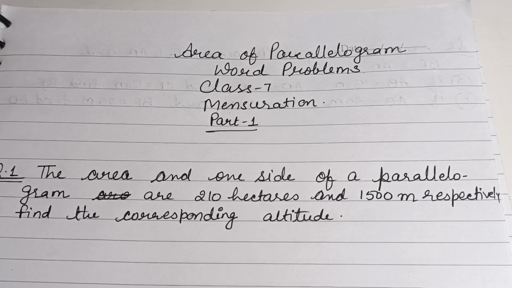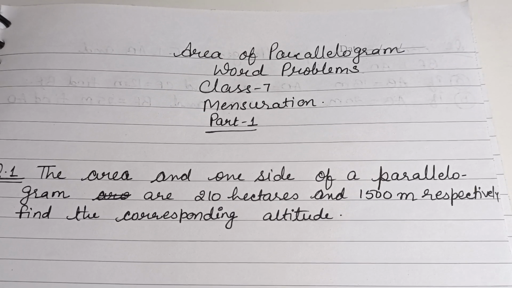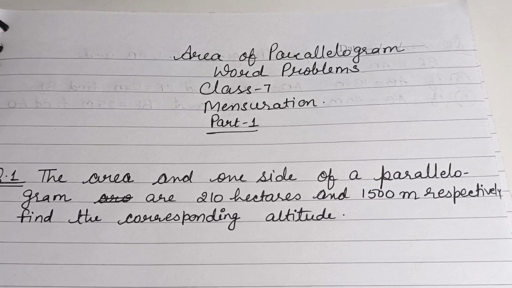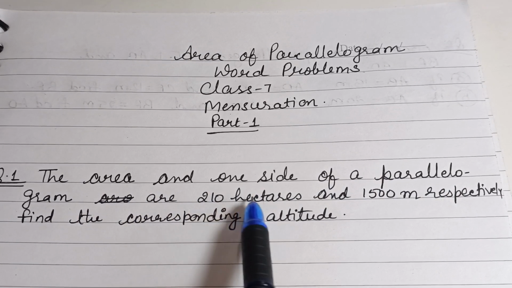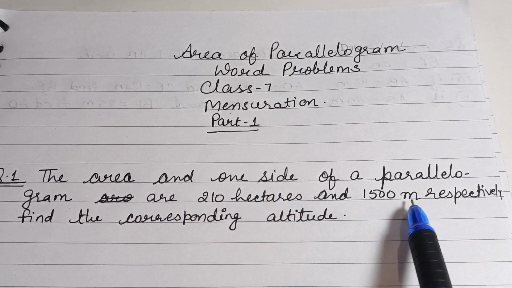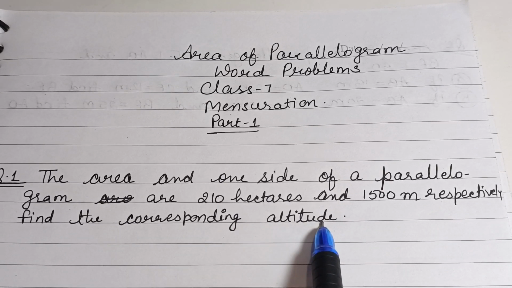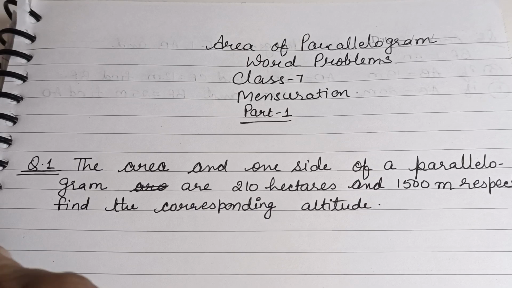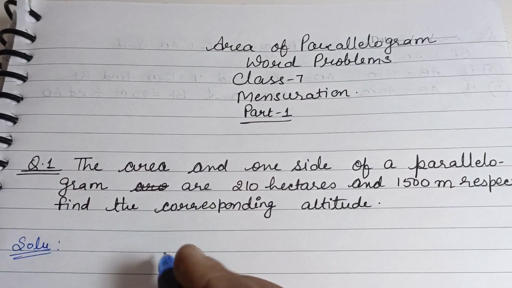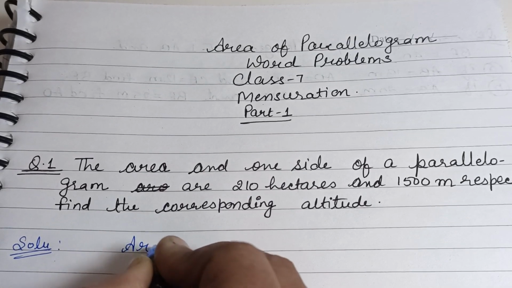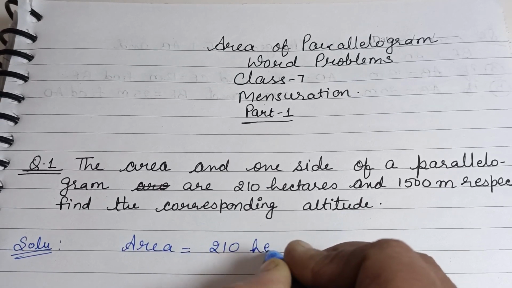The very first thing, always make sure to read the question and write down whatever values are given. The area and one side of a parallelogram are 210 hectares and 1500 meters respectively. Find the corresponding altitude. Here, the first thing given is the area, 210 hectare.